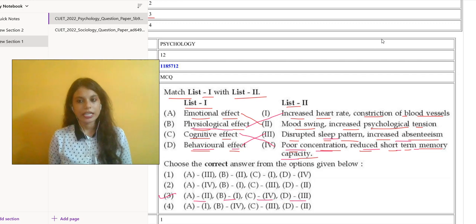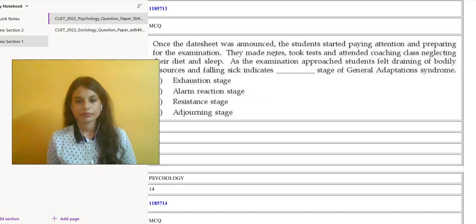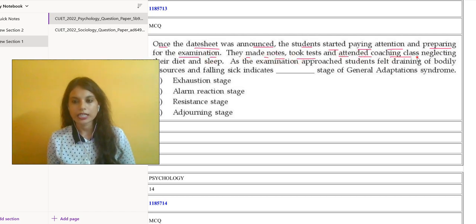Okay, moving over to the next question. Once the date sheet was announced, the students started paying attention and preparing for the examination. They made notes, took tests, and attended the coaching class, neglecting their diet and sleep.